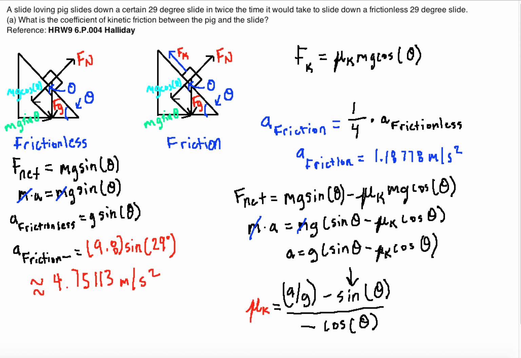And evaluating this for a equals 1.18778, this is just plugging in values, and for gravity equal to 9.8, and for theta equal to 29 degrees.